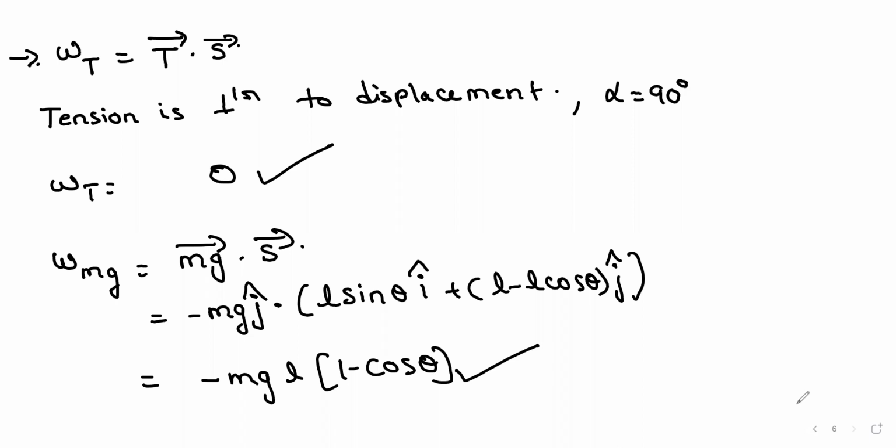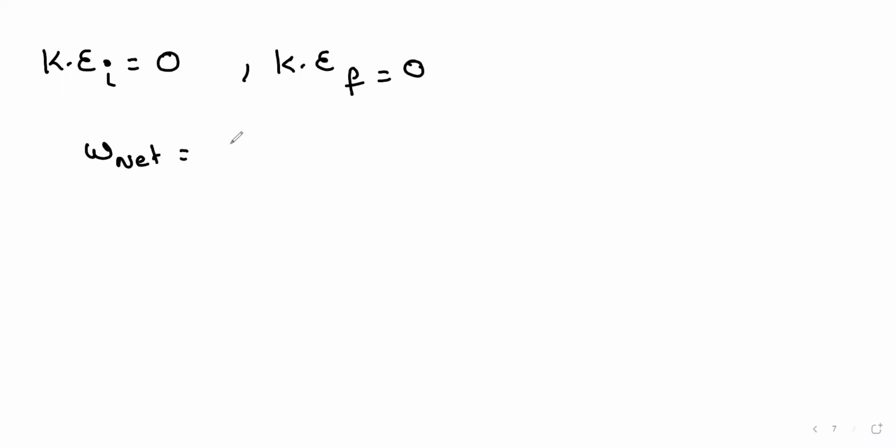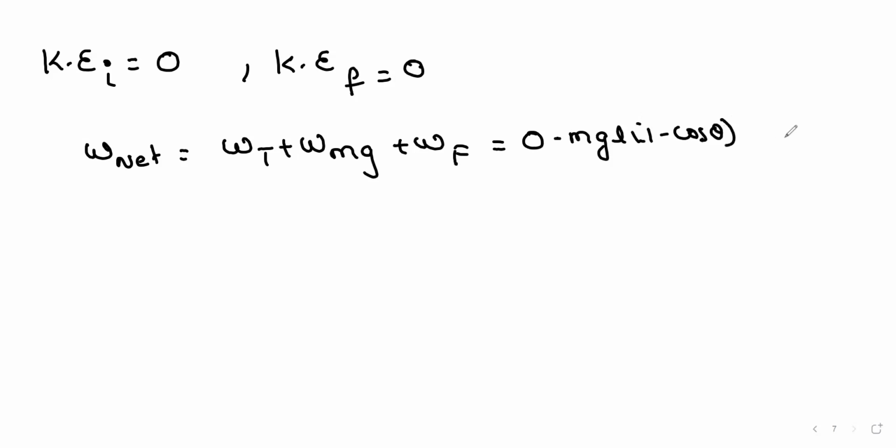So we got the work done by tension as 0, and the work done by weight as minus mgL into 1 minus cos theta. What is the initial kinetic energy? Is it starting from rest? 0, sir. Final kinetic energy? 0, sir. So W net is equal to Wt plus Wmg plus WF, which is equal to 0 minus mgL into 1 minus cos theta plus WF.